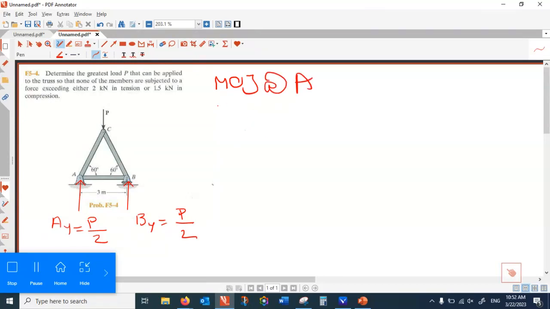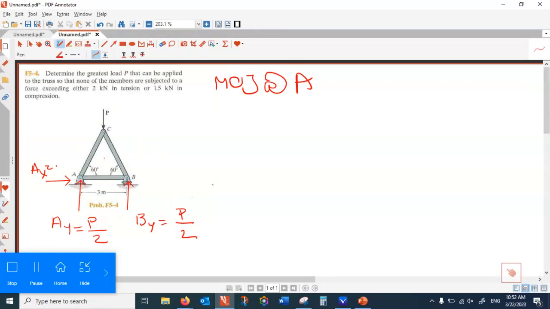All right. Generally speaking, you have to include AX. The only horizontal force is AX. So therefore, AX becomes 0, right?